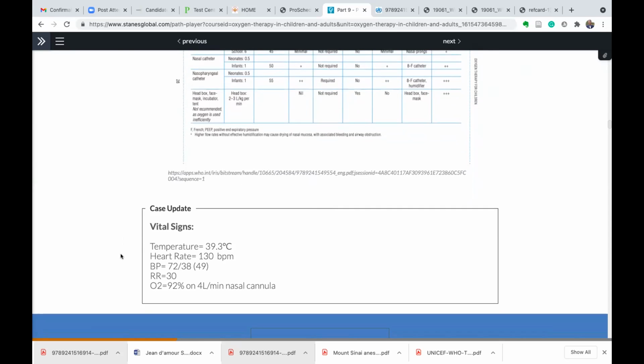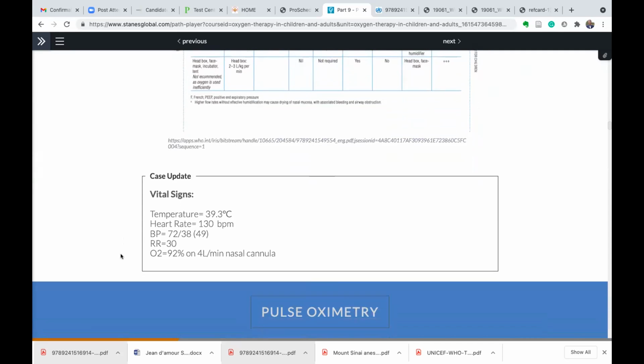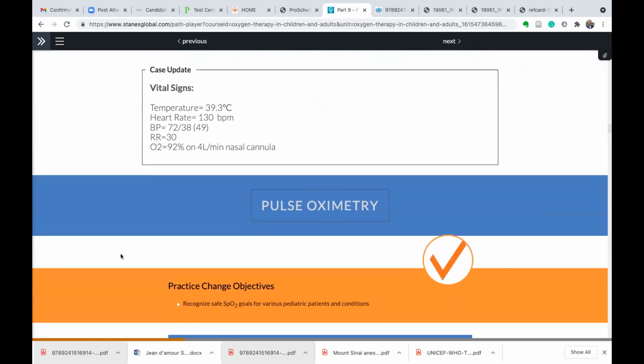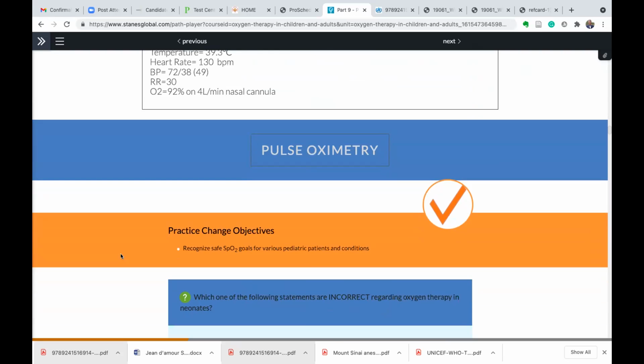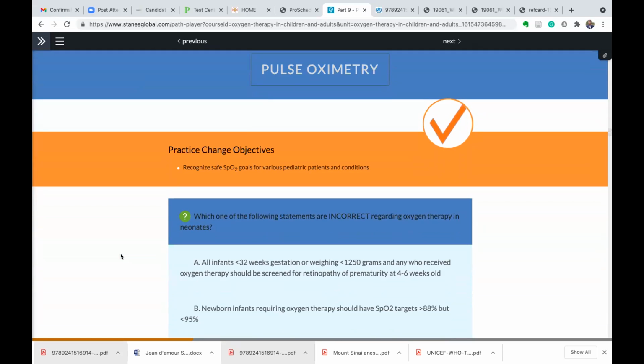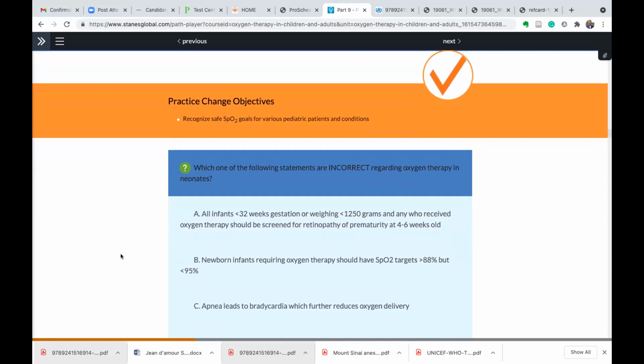Once you have chosen to give oxygen, 4 liters by nasal cannula, the oxygen saturation has increased to 92%. That's the situation now. Then let's talk about pulse oximetry. We need to set the target for pediatric patients. In order to do that, let us answer a simple question here.